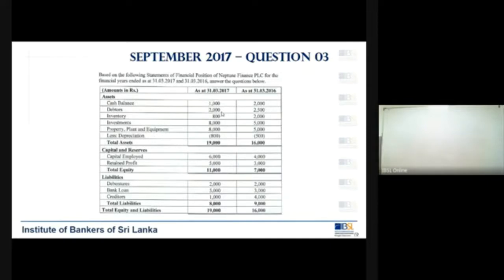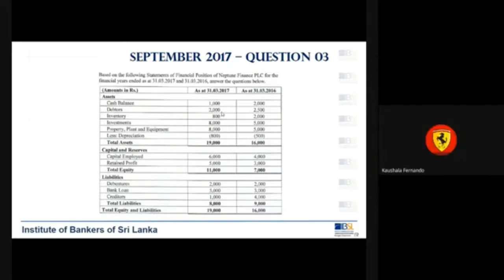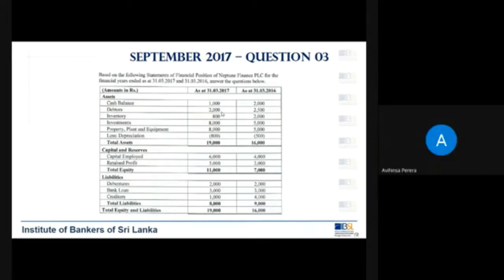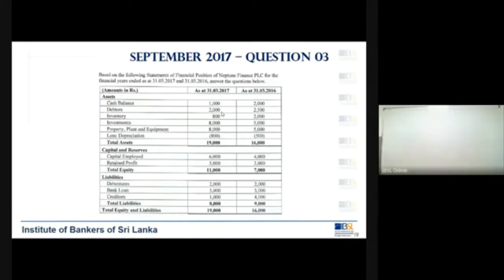Cash inflow or outflow? Outflow. It's a cash inflow. Cash inflow. You need to stick to the basics.